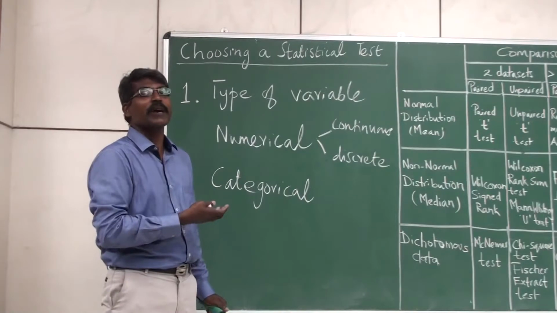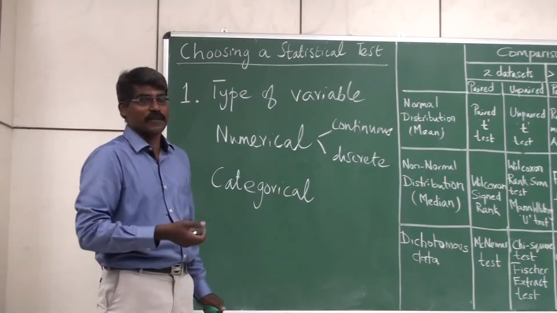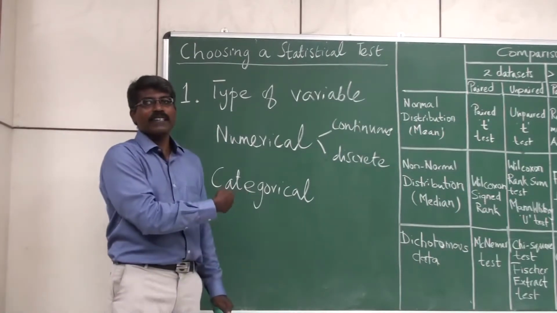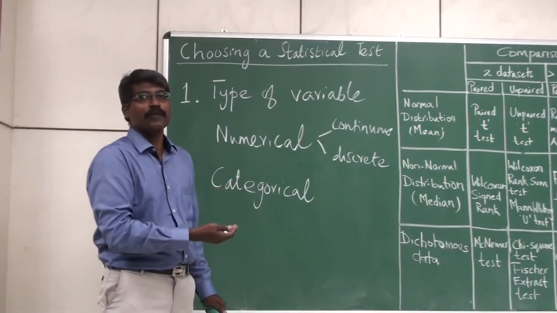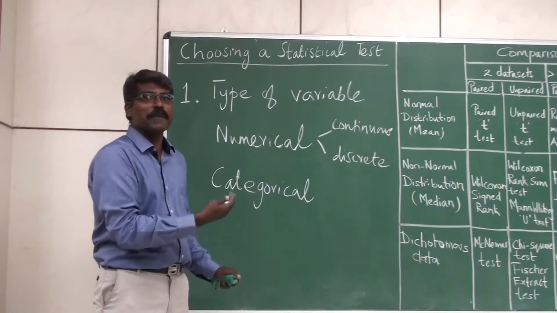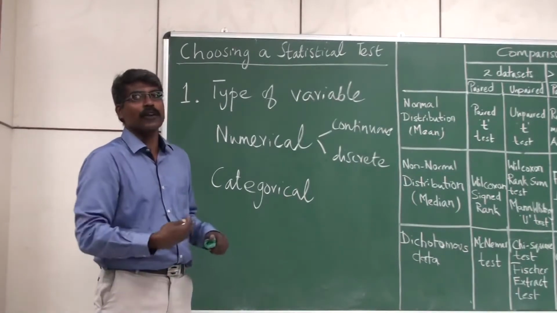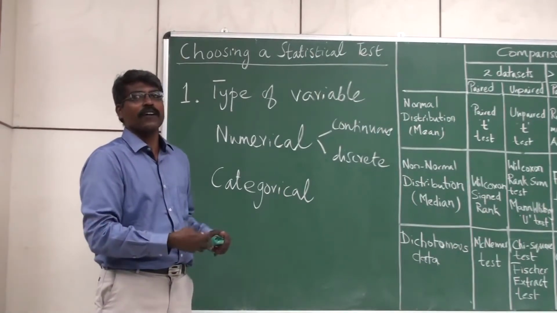Again, it's numeric but discrete because it does not take any decimal points. Categorical, we have already seen a classical example of a dichotomous outcome, whether the patient experienced adverse effect or didn't experience. The patient got cured, not cured. So these are all some types of categorical data.